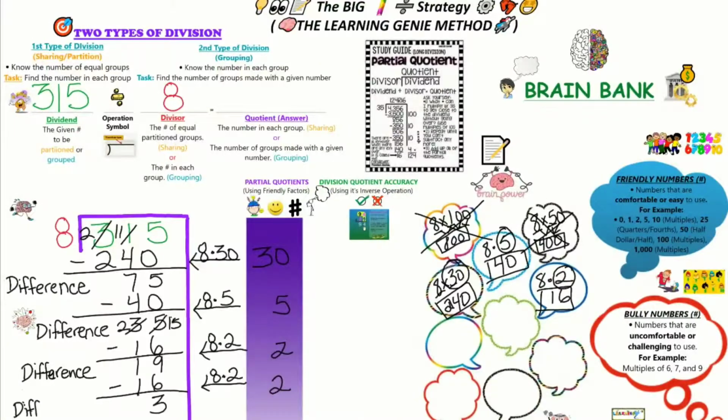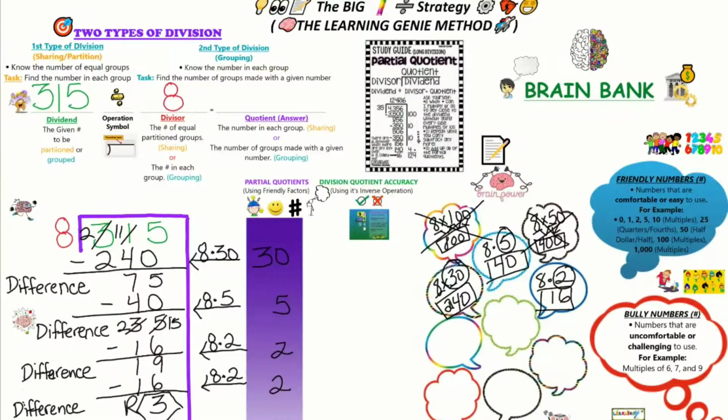Now when I look at that difference, I see that this difference is less than my divisor. As a result, that means that I can stop right here, and I'm going to put a stop sign because now this becomes my remainder. Why?